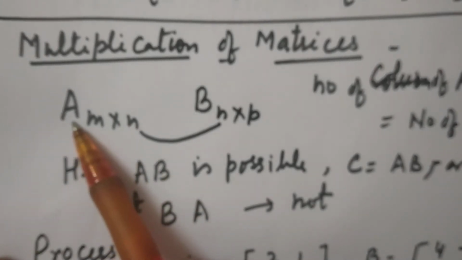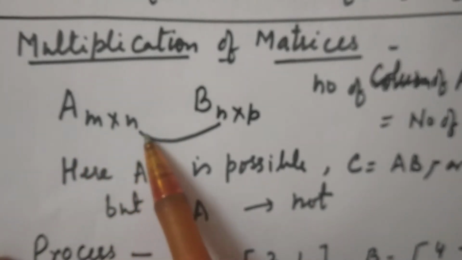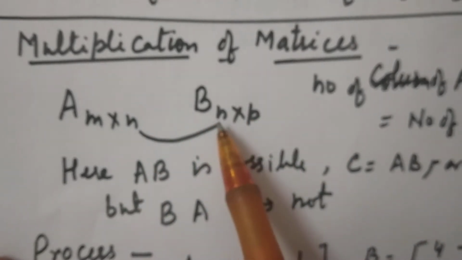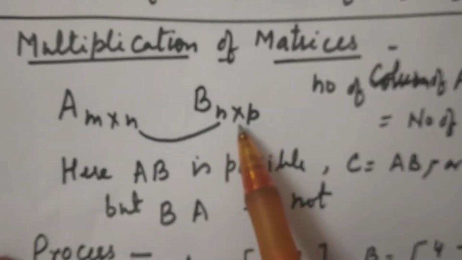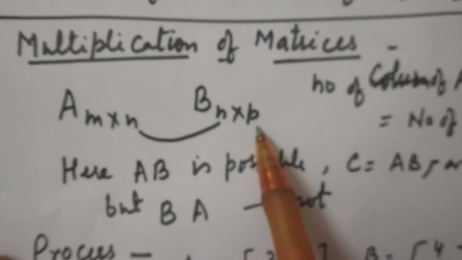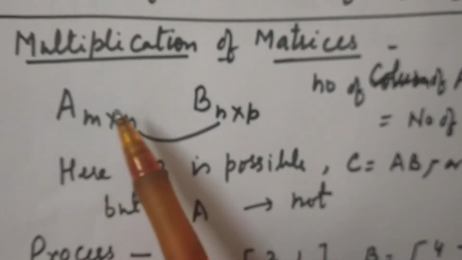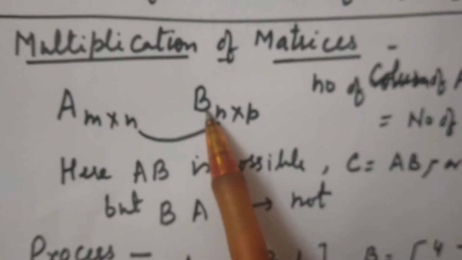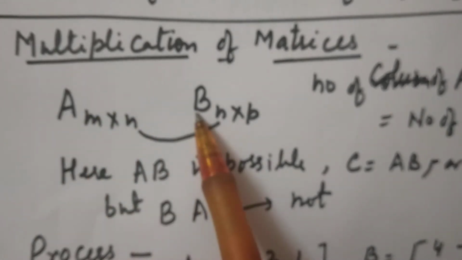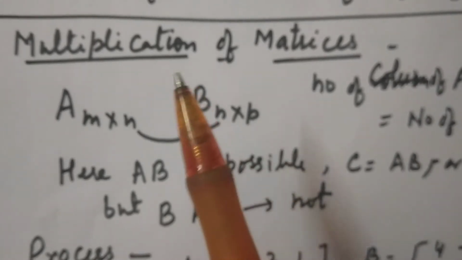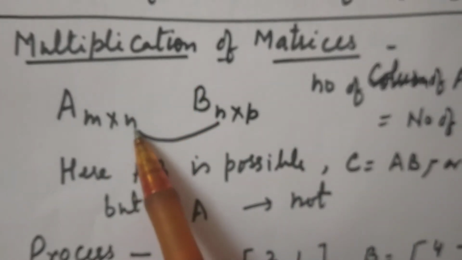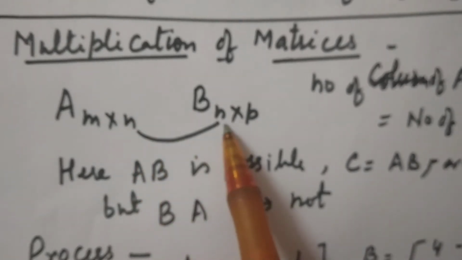If A is a matrix of the order m by n and B is a matrix of the order n by p, the product AB is possible if and only if n, the number of columns in the first, is equal to the number of rows in the second.